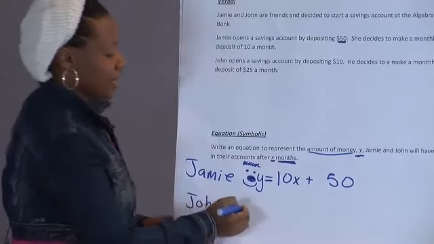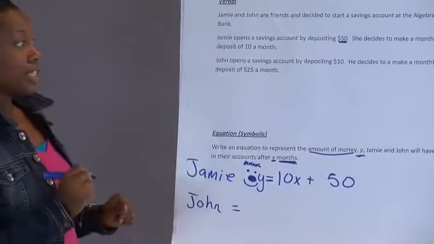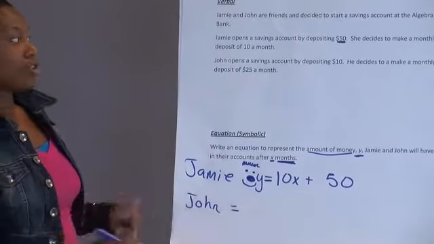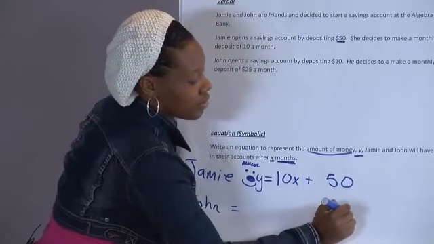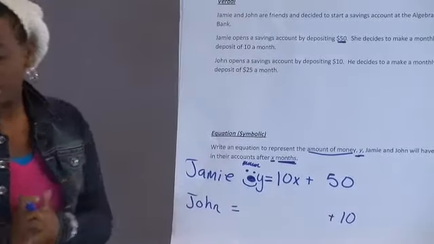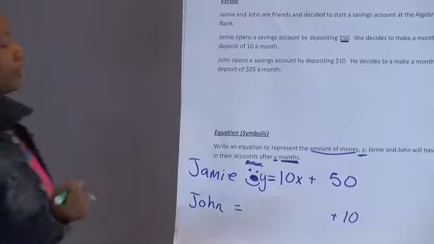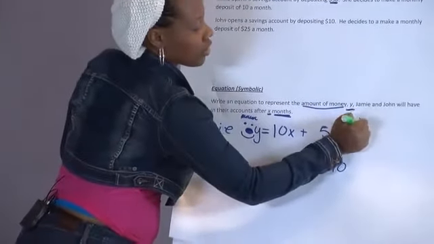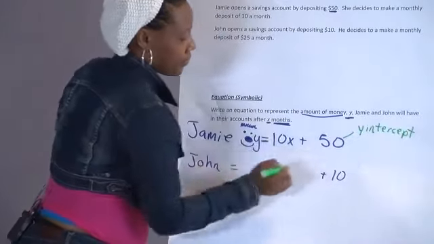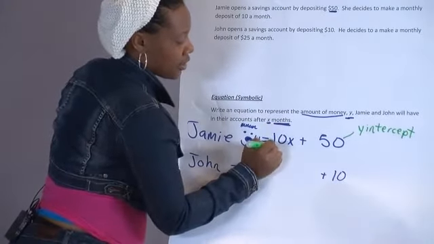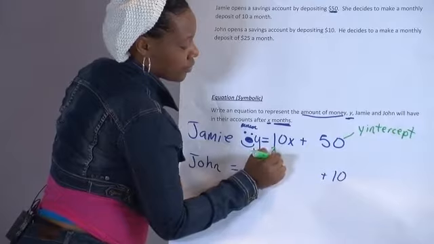Okay? Let's talk about John. John opens a savings account by depositing $10. So he started out with $10. And over here, I'm going to do something in another color. This is your y-intercept. This is the slope. Okay?